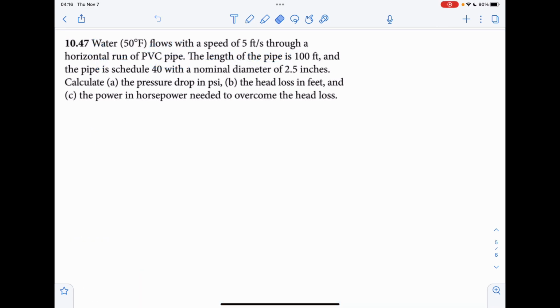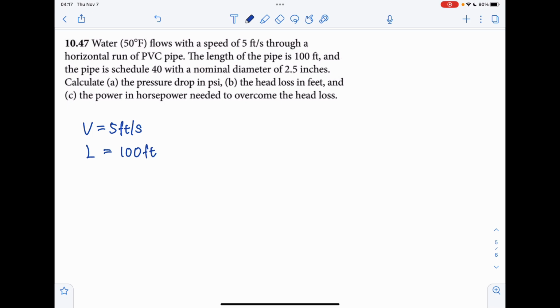Now let's look at problem 10.47. We have water flowing with a speed of 5 feet per second, so V equals 5 feet per second, through a horizontal pipe. The length of the pipe, L, equals 100 feet.